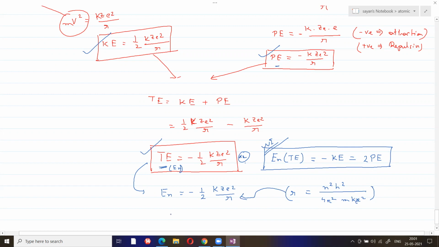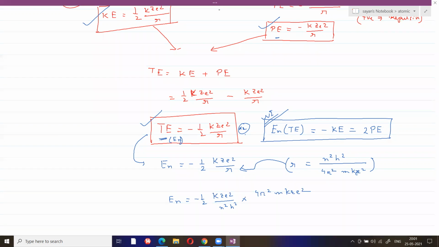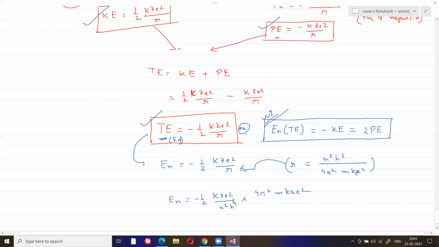So this formula becomes half of kz square by, when you put this, n square h square over 4 pi square m kz square. Okay, now look, in this case which parts are basically unknown?